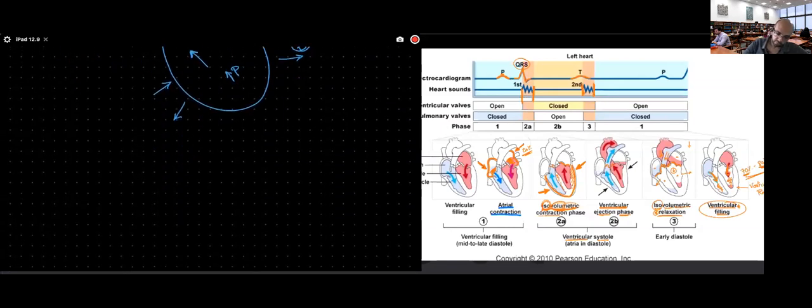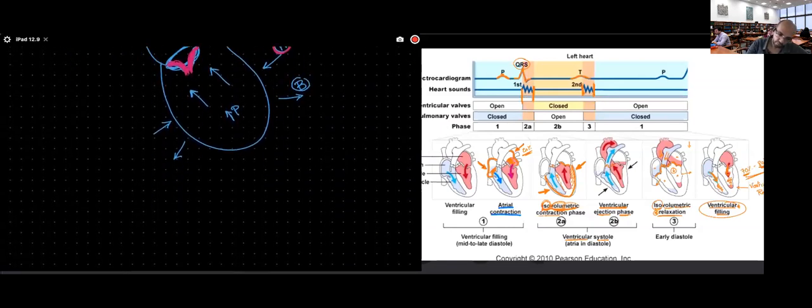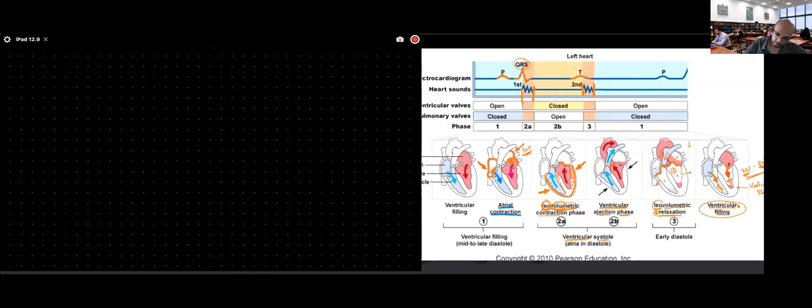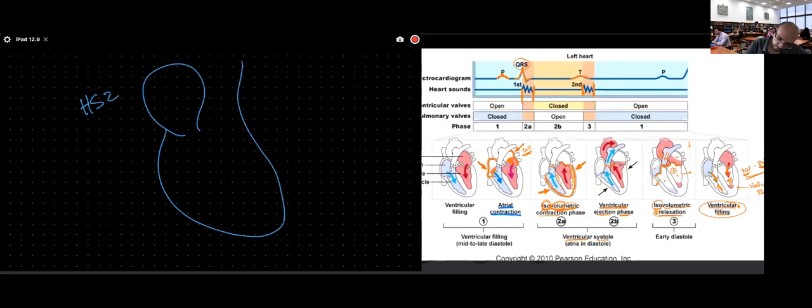How about my second heart sound? When would this valve close?